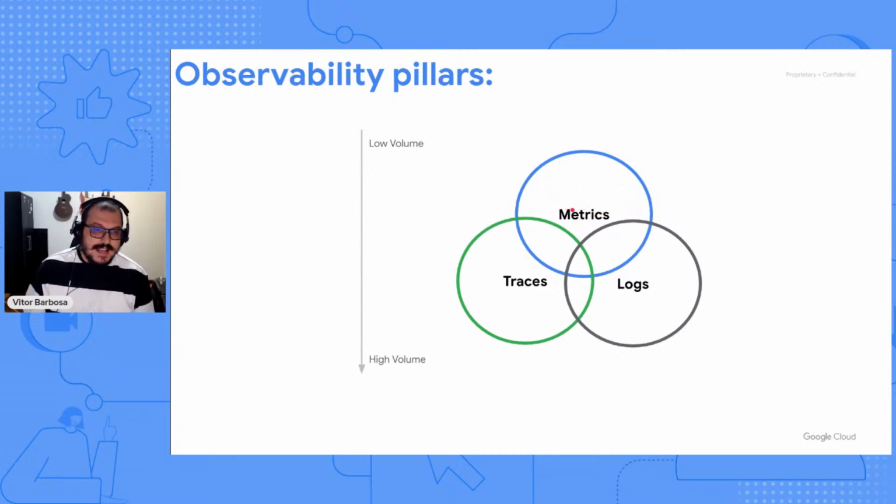Aside from metrics, we have logs, which are the events that are happening in my system, in my server. So I am registering all the things that are happening in my server at that time. This is logs. And I have traces, which is the scope of a request or a sample of requests that tells me who made the call, who made the request, how this request was made, what method was used, what path I used in my request, and also the response time.